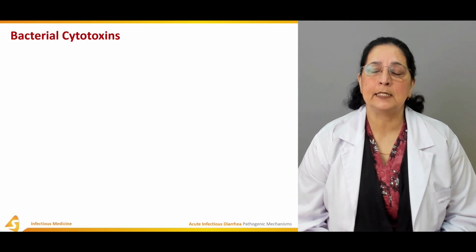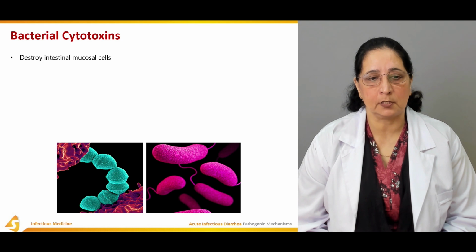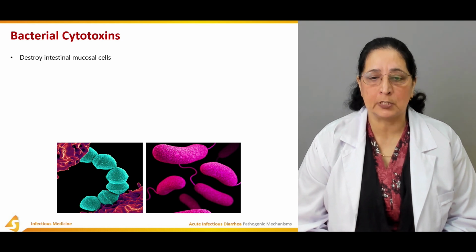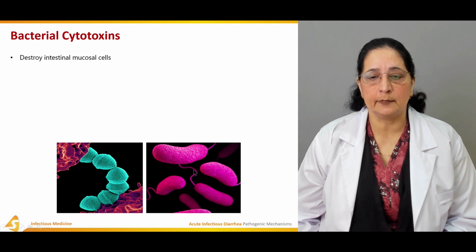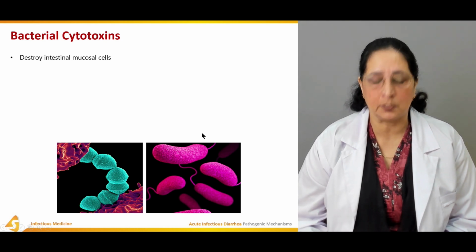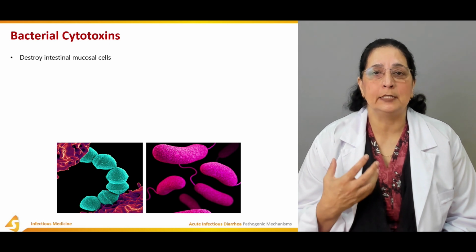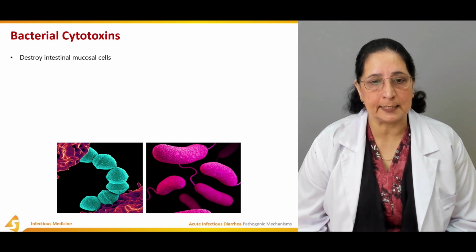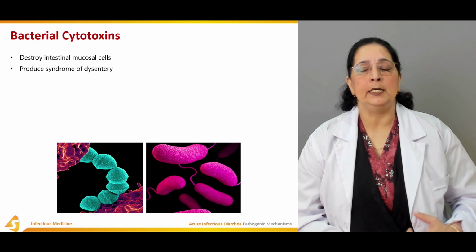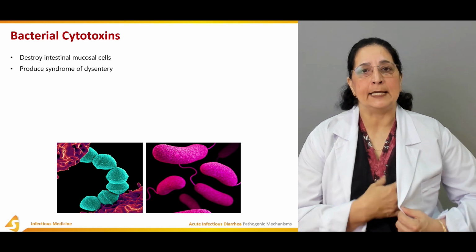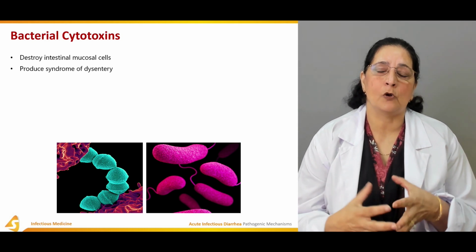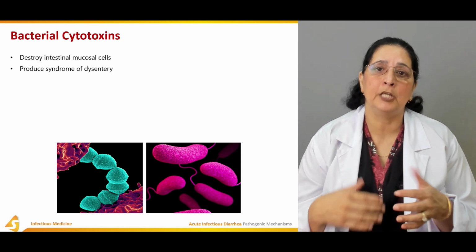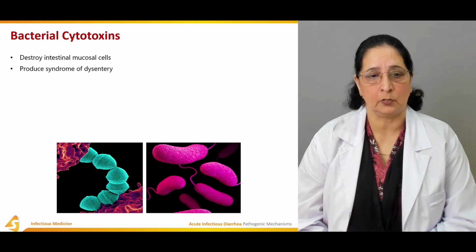Next, bacterial cytotoxins. Cytotoxins destroy the mucosal cells. These are all the pictures of different microorganisms. So the cytotoxins, as the name shows, destroy the mucosal cells and produce the syndrome of dysentery, and they have destruction of the blood, can cause hemorrhage, or there is blood in the stools also.